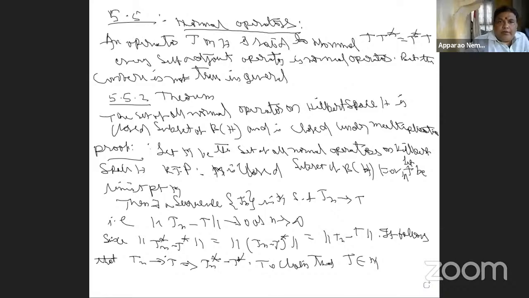Now clear the canvas. So we have to show that T star T equals T T star.